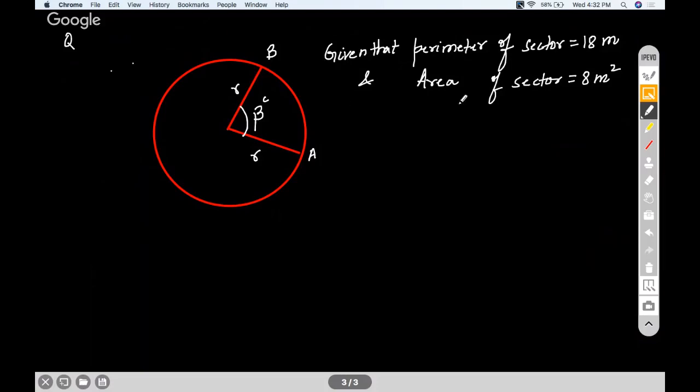Find number one, the radius of this circle, and number two, the angle beta. Please give your angle beta in terms of radians.